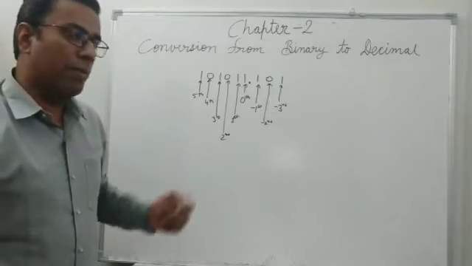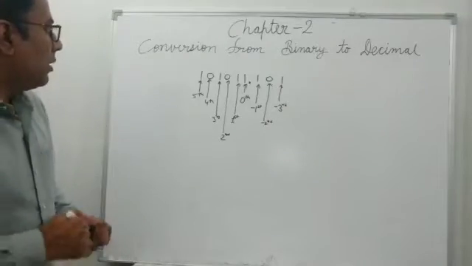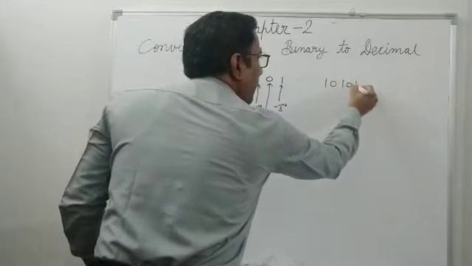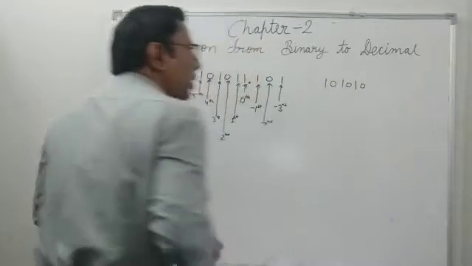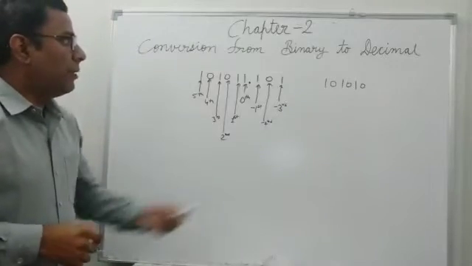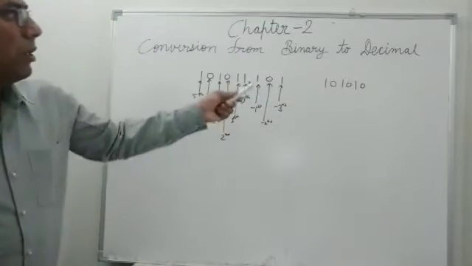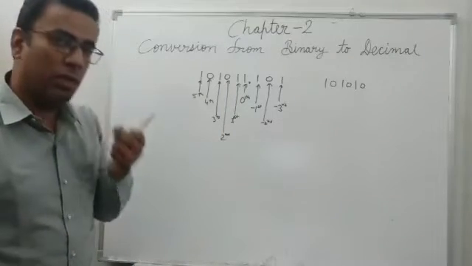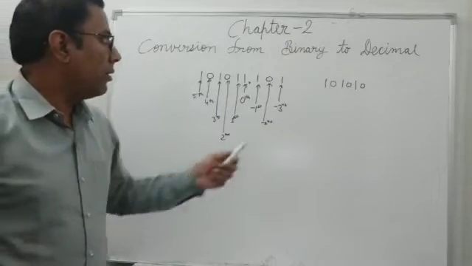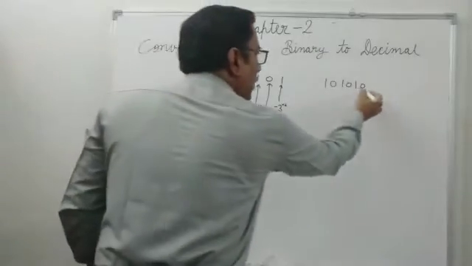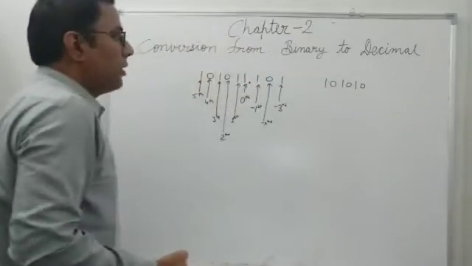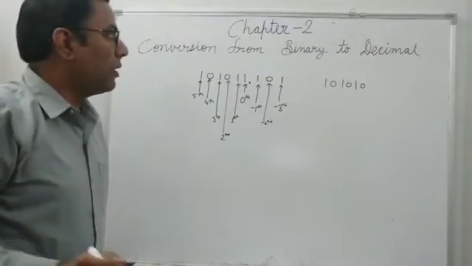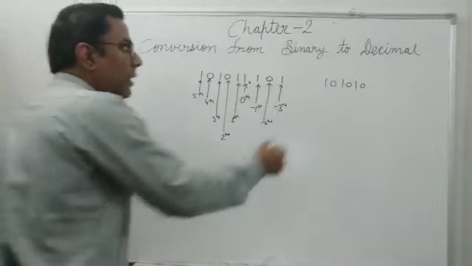The same applies if I have another binary number with no decimal point. Then how do we count the position? There is no decimal point, so you find the position from the right side of the number.